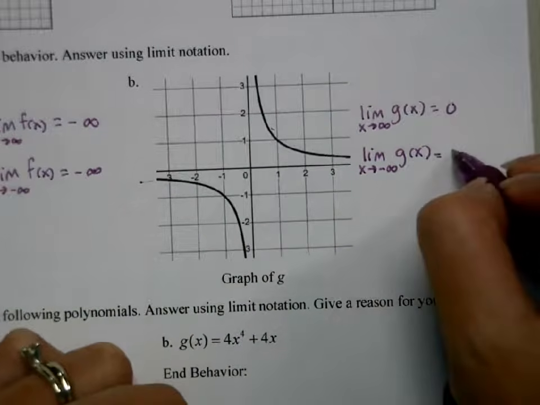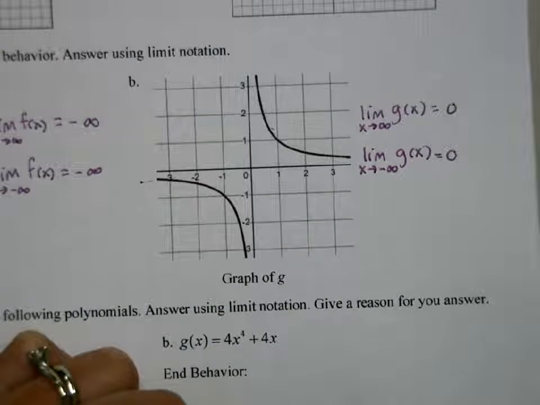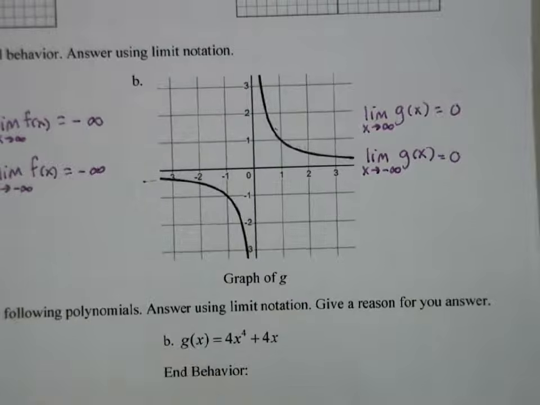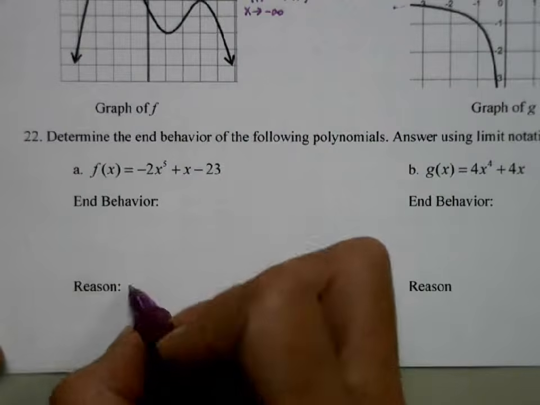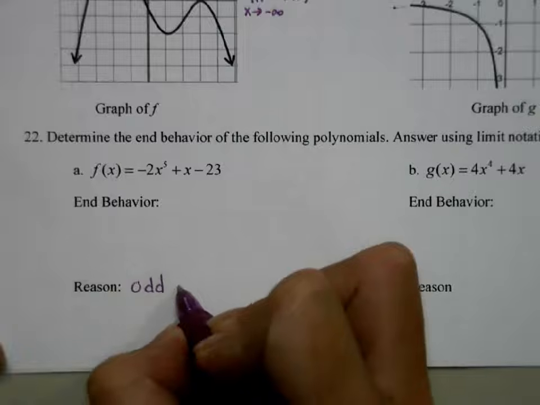Okay, and if we don't have the graph, but we have the equation for the polynomial, we can still determine the leading or the end behavior based on the degree and the leading coefficient. Okay, so this one has an odd degree and a negative leading coefficient. I'm going to abbreviate.